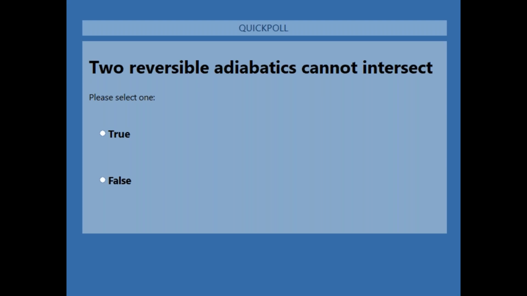And we had proved this by making an assumption on the contrary. What we had done was we had assumed that they do intersect with each other, and then we went on to prove that our assumption is wrong. So this was the method of making us realize that two reversible adiabatics cannot intersect with each other. So let me close the poll and show you the results.